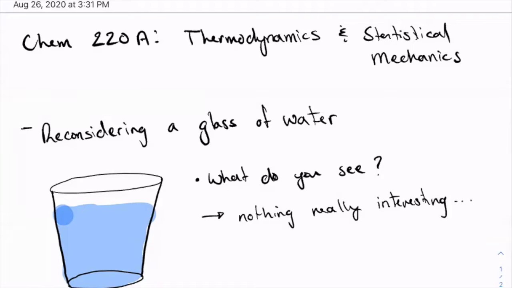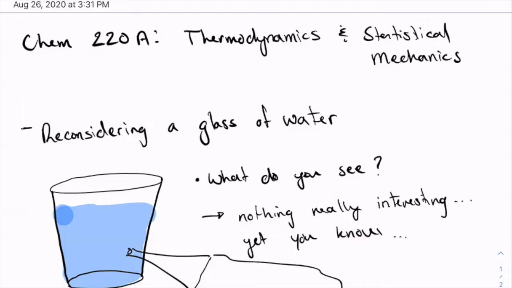And yet, you all, as chemists, know something about what that liquid is made up of. If we were able to see with X-ray vision, on the finest scales, angstroms or so, we could observe that making up that glass of water are molecules.